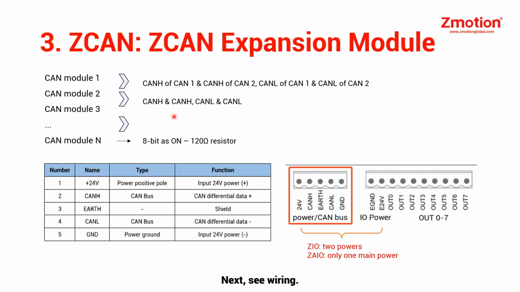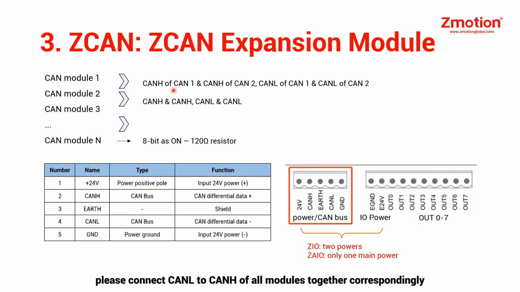Next, see wiring. Here is the CAN bus terminals. There are 5 ports: power supply, CAN H, earth, CAN L, and G and D. When there are several CAN modules connected, please connect CAN L to CAN H of all modules together correspondingly.